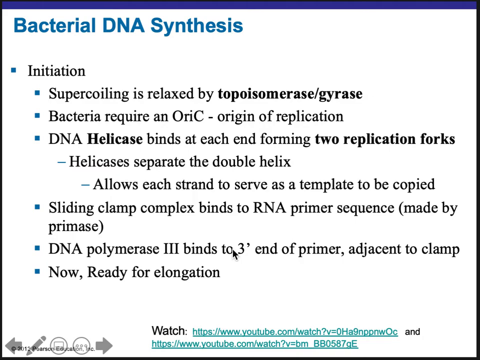It needs an OH group. So we'll review in a little bit what 3' and 5' means. But for now, just try to take in that DNA polymerase needs a very specific type of structure in order to do its job, and the primer provides that structure for it.